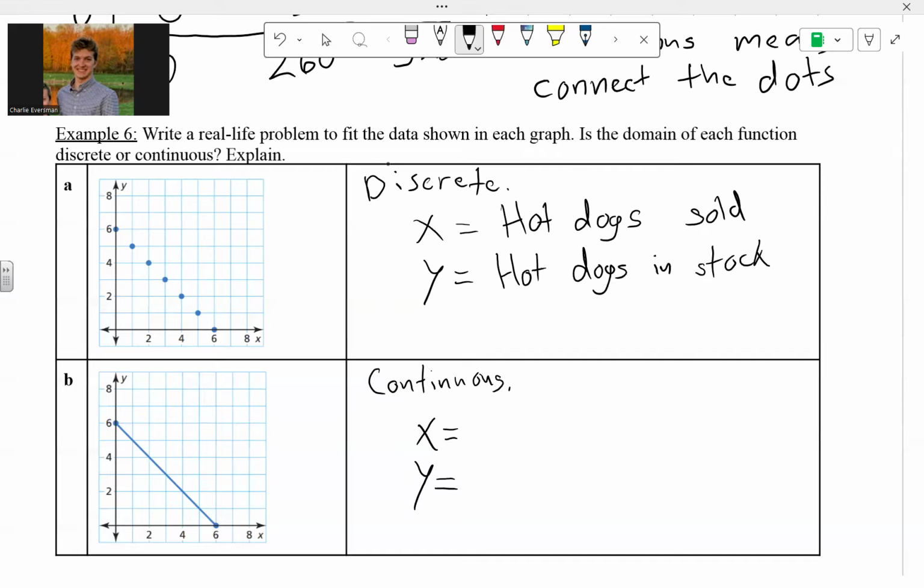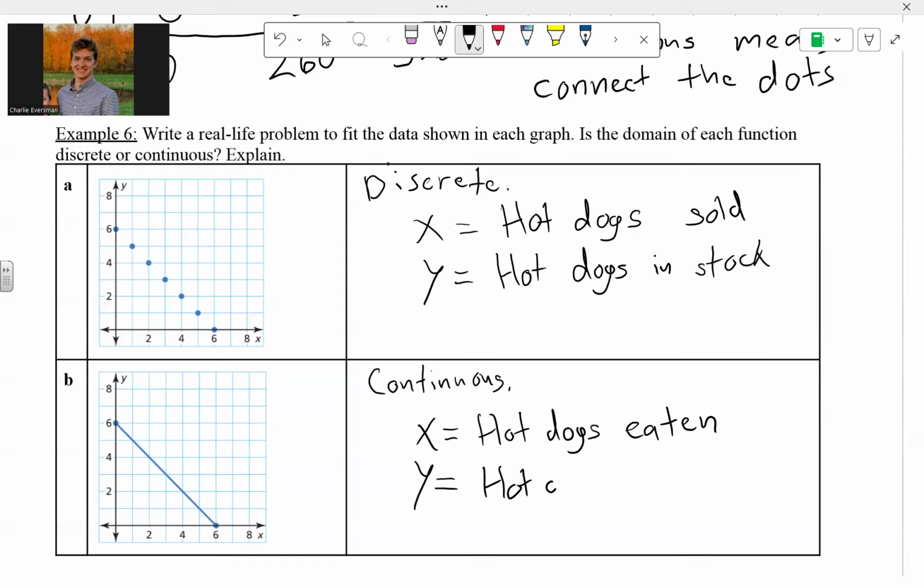On the other hand, I'll keep rolling with this hot dog example. I've got this continuous data here. Maybe I'll do this: if I have hot dogs eaten, I could eat half of a hot dog if I really wanted to. If I have hot dogs eaten here, then Y would be hot dogs remaining.